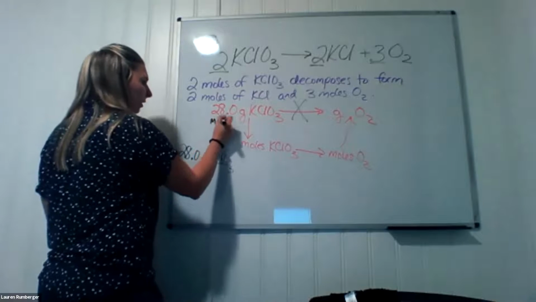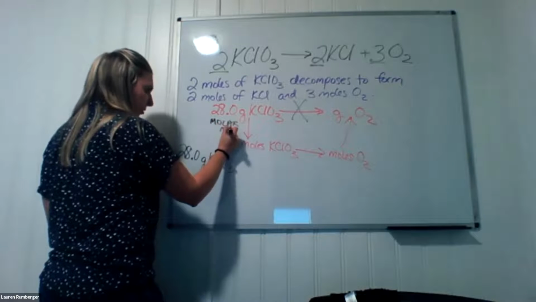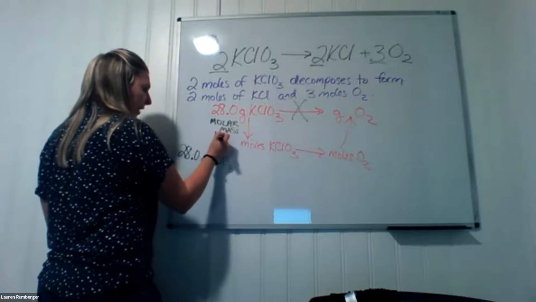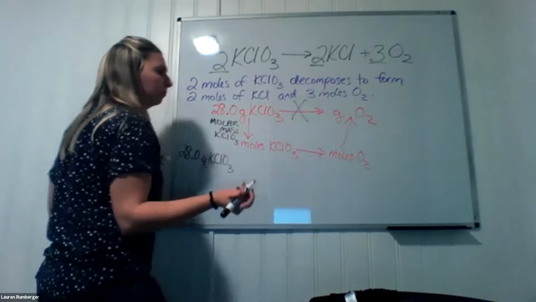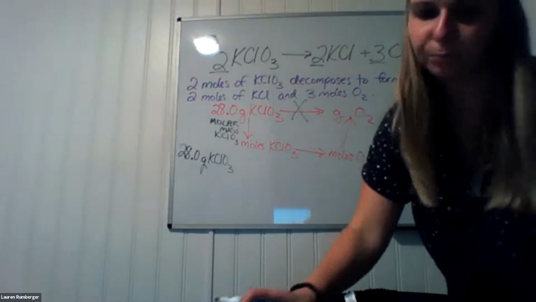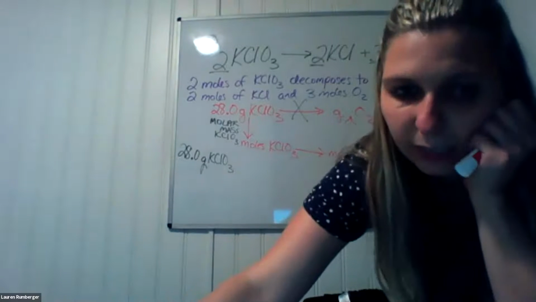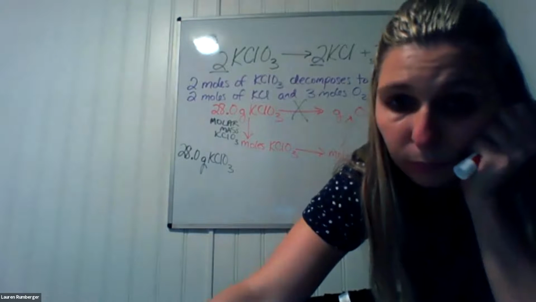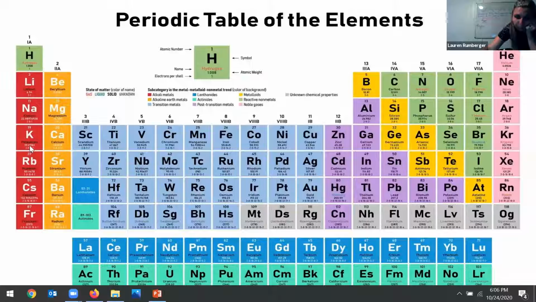To do that, we need the molar mass of the KClO3. So I'm going to do some calculations on the side here, and we're going to look at our periodic table. Potassium is 39.1. Chlorine is 35.5. And oxygen is 16.0.